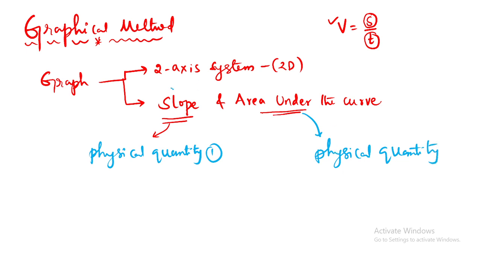So the slope of the graph gives one physical quantity, and the area under the graph represents another physical quantity, number 2, or sometimes no physical quantity. Sometimes one physical quantity can be seen and the other cannot.